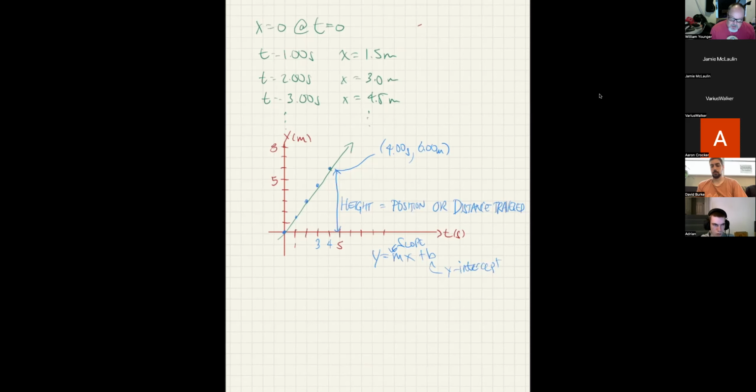Okay, so in this case, the intercept is 0, and the slope appears to me to look like 1.5 over 1, which is 1.5 meters per second.